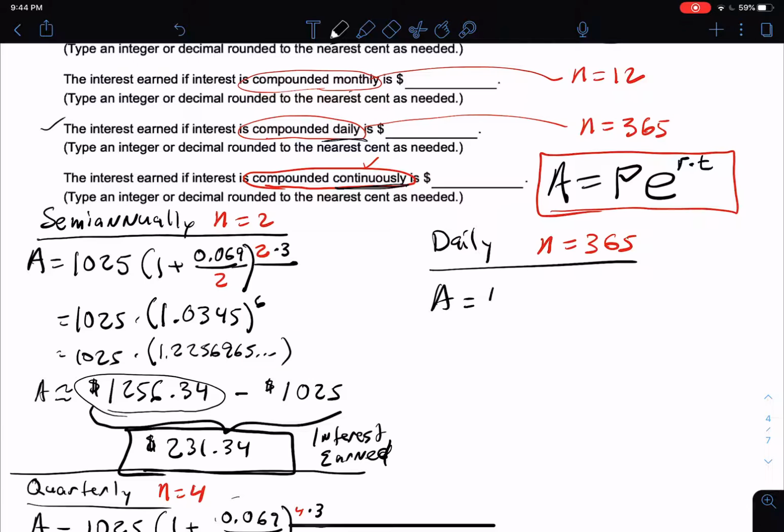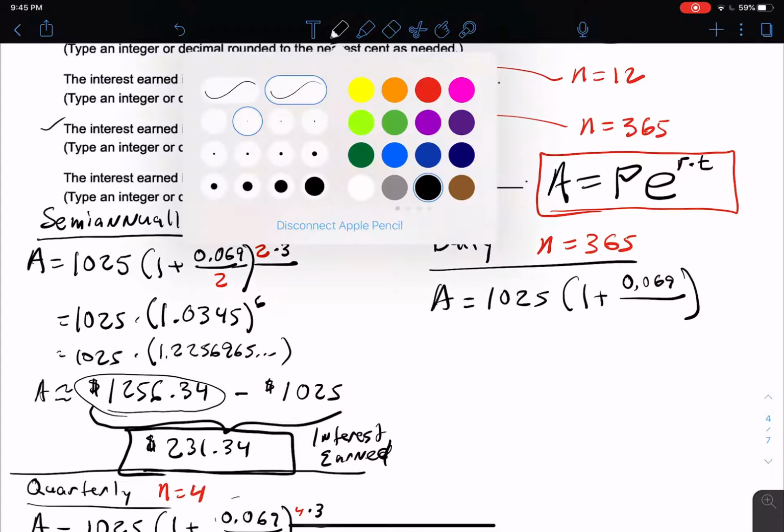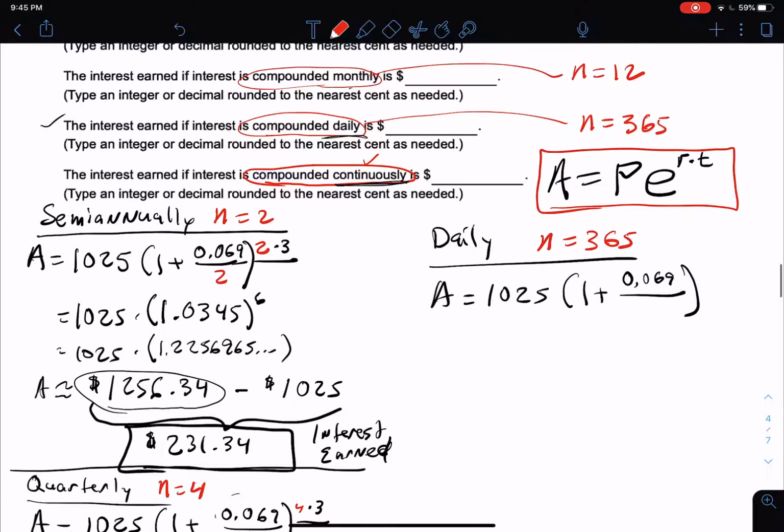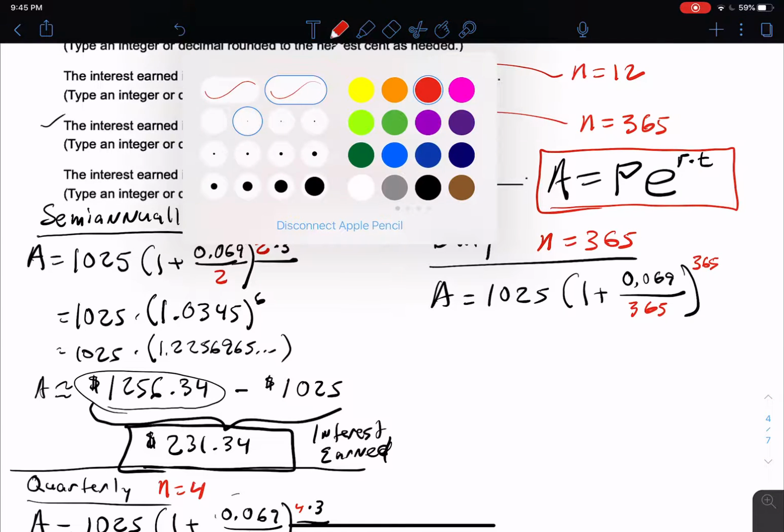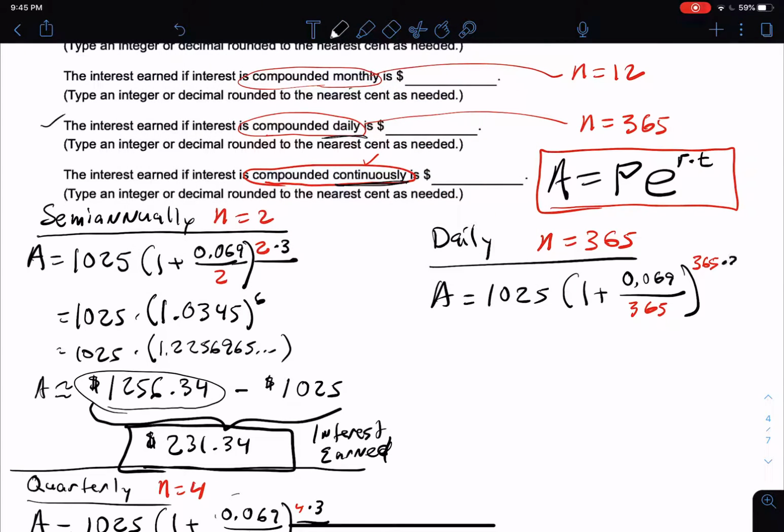The amount equals starting amount 1,025 times 1 plus interest rate 0.069 divided by my compounding periods, which happen to be daily, so 365 of them, raised to the 365 times how many years we're doing this for? 3 years.